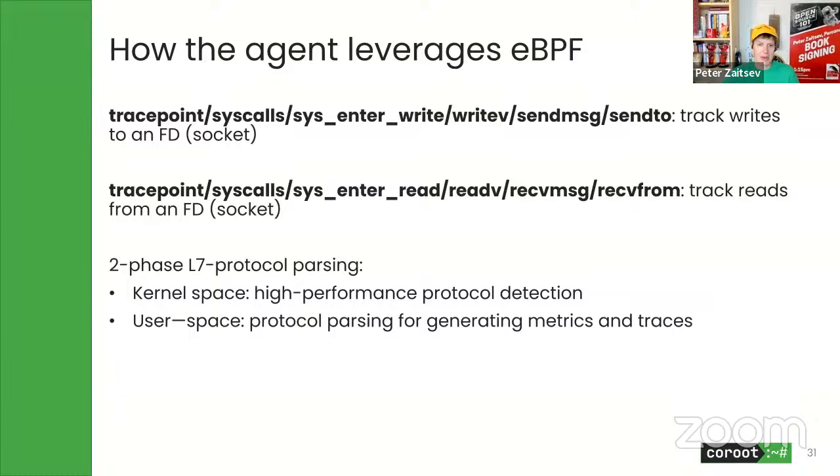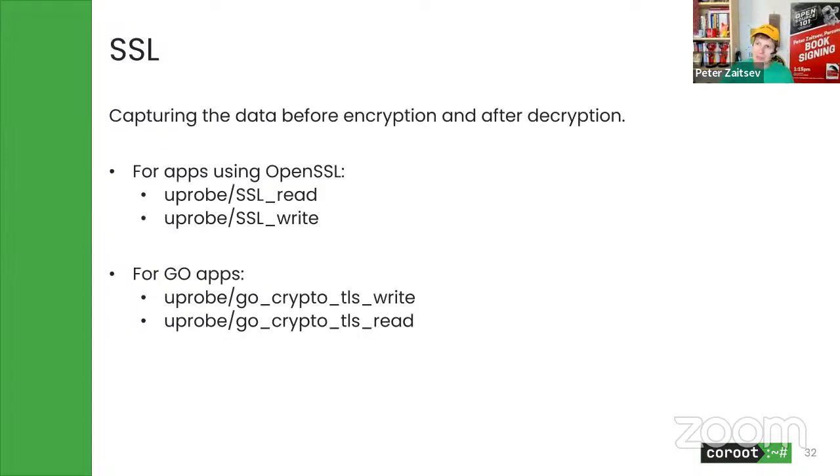For example, we capture the query and pass that to the user level, but we are not going to send to the user level all the rows returned by the database, all the result set. That would be too much. Then all the additional analysis of the protocol happens in the user level, to keep the kernel footprint as small and light as possible.